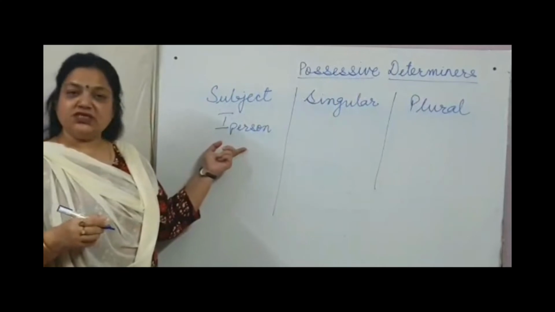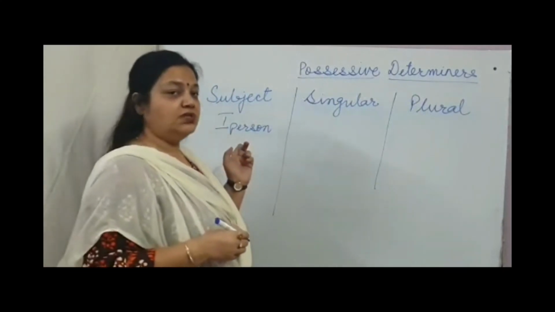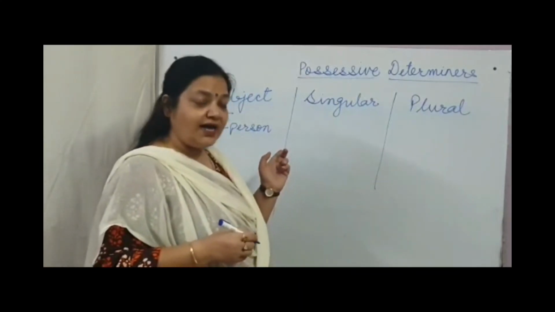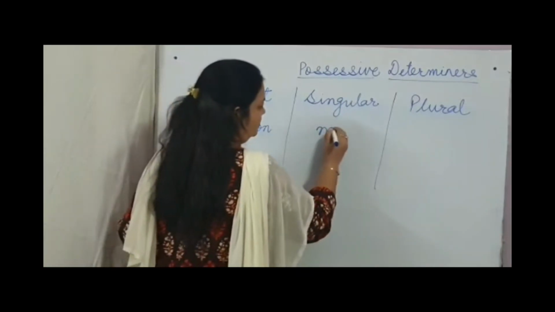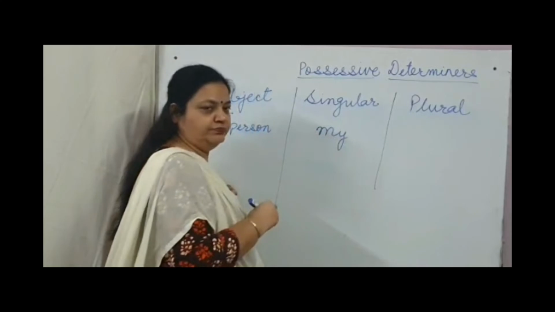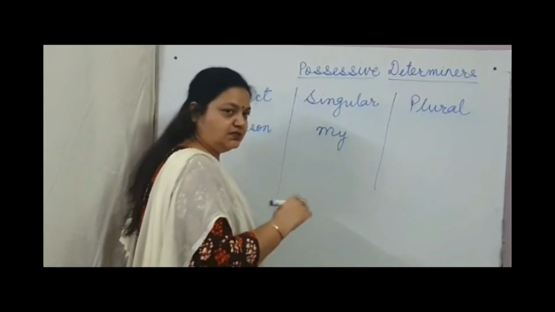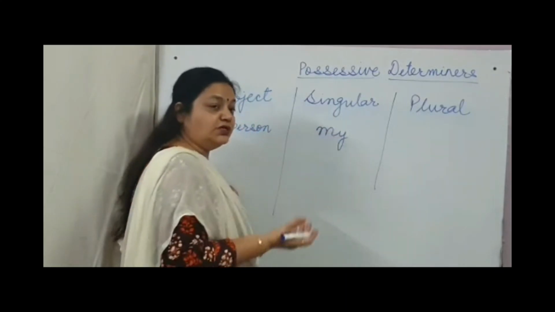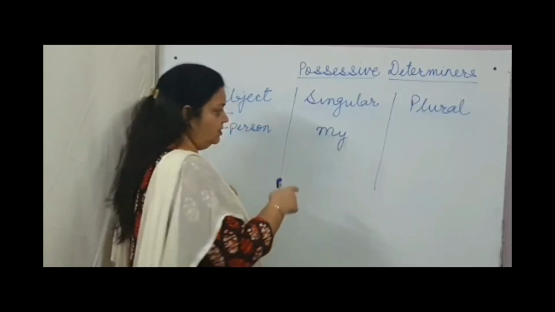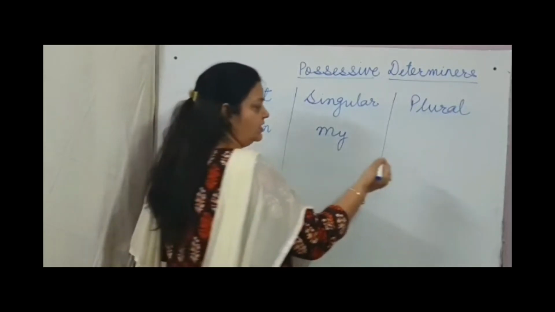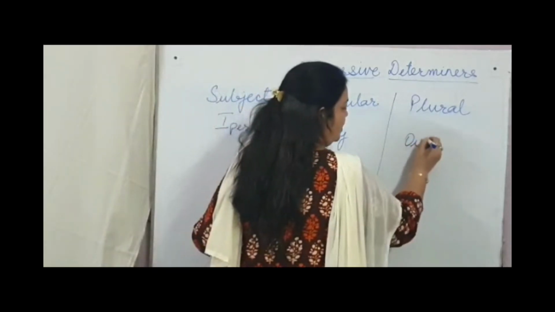For first person singular, I use I. So for I, my possessive determiner will be my. My car, my pet, my parents. They are showing the belongingness to me, first person. And if I put it in plural, it will be our.